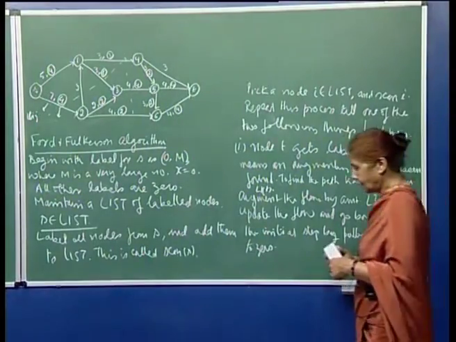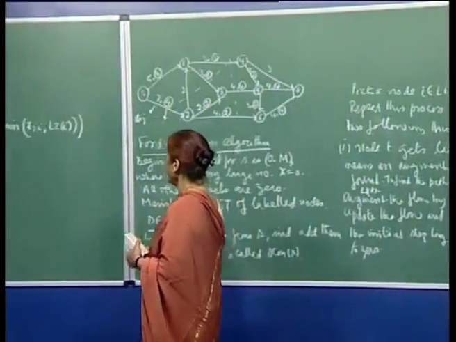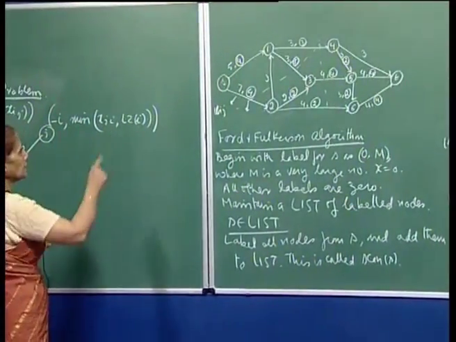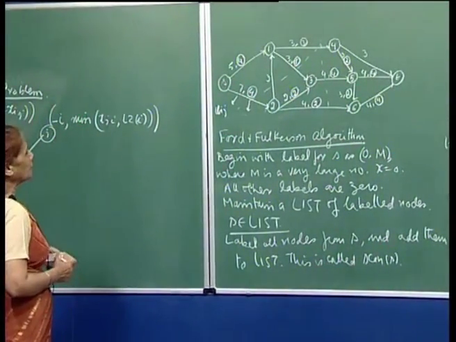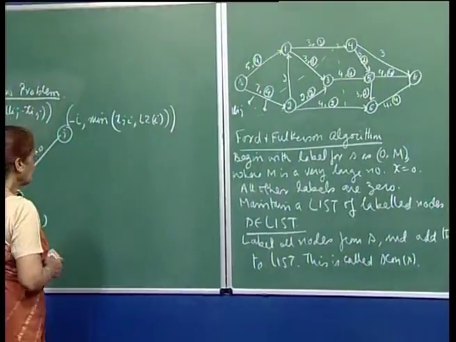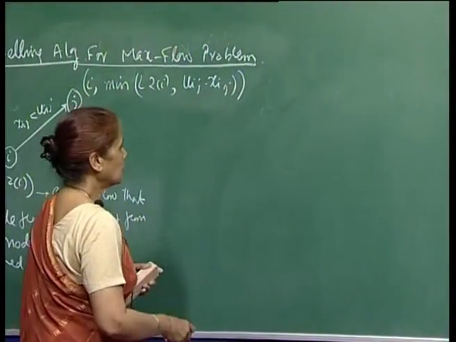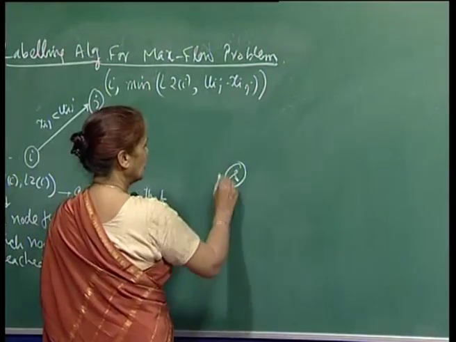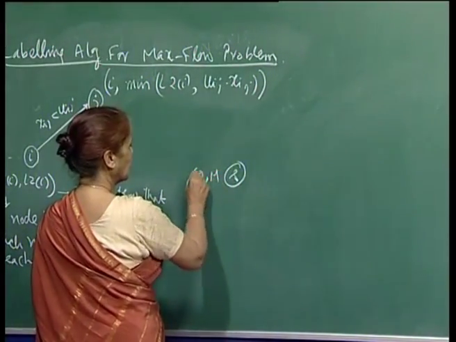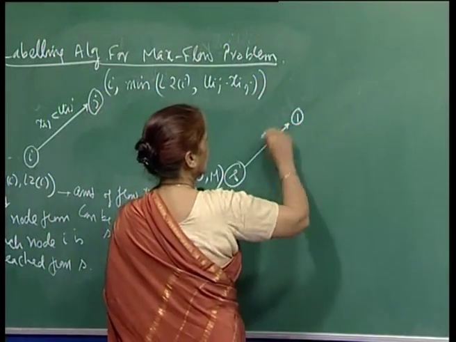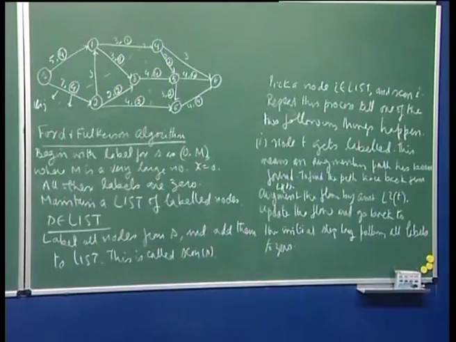So let us look at this example, and let's try to start labeling from node S. What is the label for S? S is 0, m; I'm starting with that. Then if you look at node 1, this arc is not saturated.